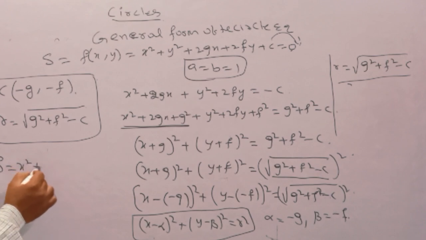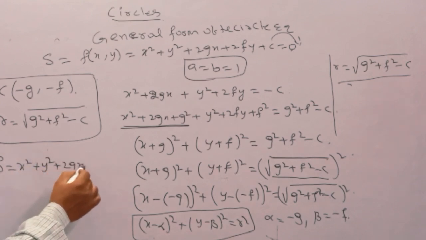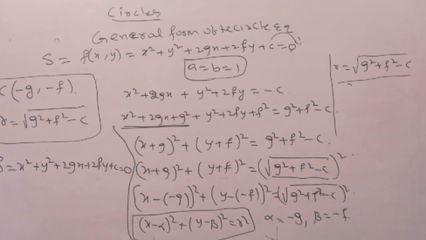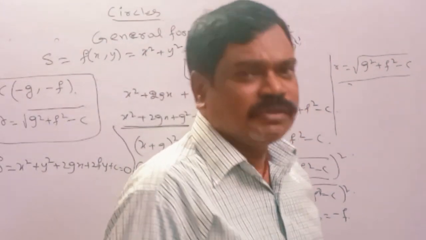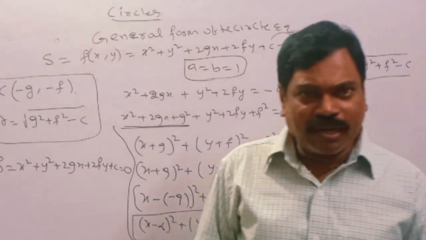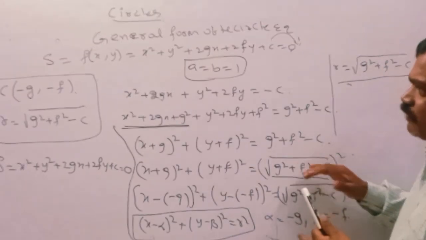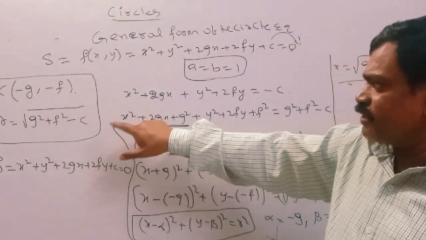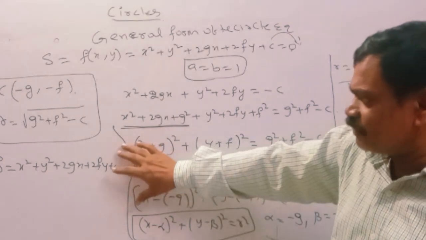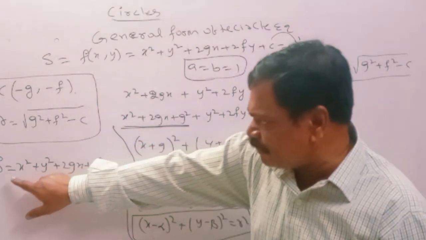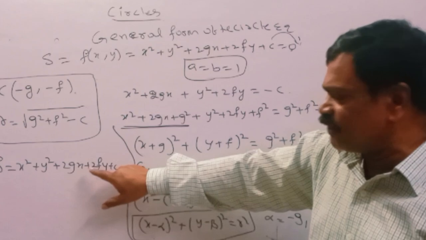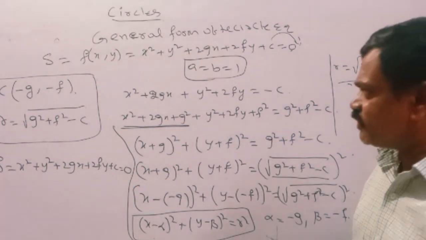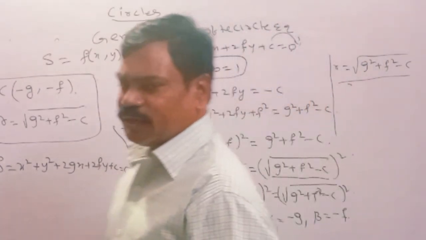S is equal to x square plus y square plus 2gx plus 2fy plus c equal to 0, the general form of the circle equation. This is the circle equation with center minus g comma minus f and radius root over g square plus f square minus c. So the general form of the circle equation is represented by S, S is equal to x square plus y square plus 2gx plus 2fy plus c equal to 0. This is the general form of the circle equation.